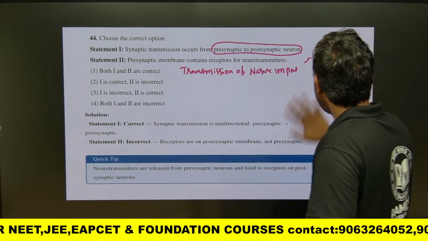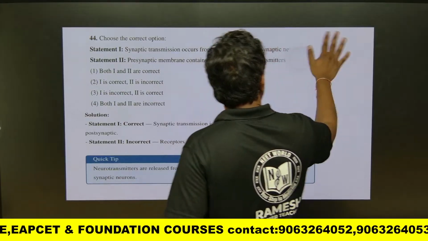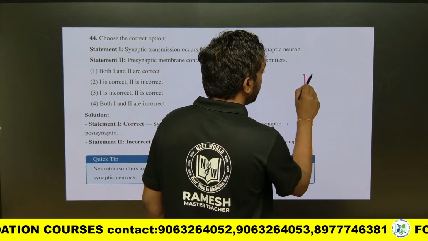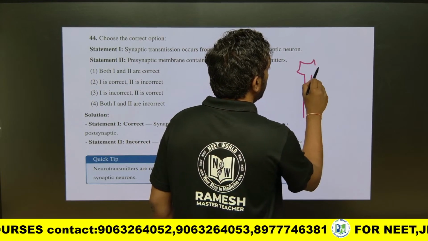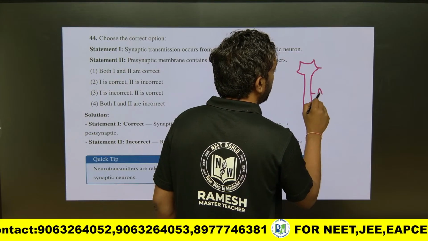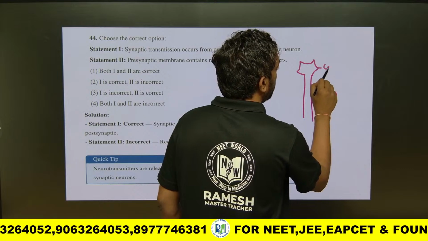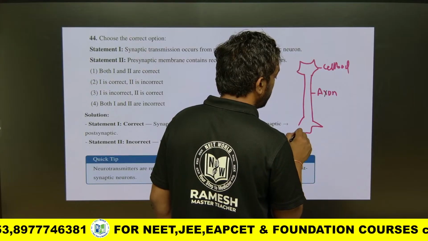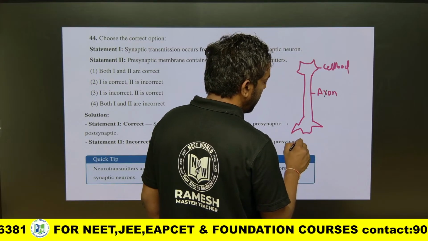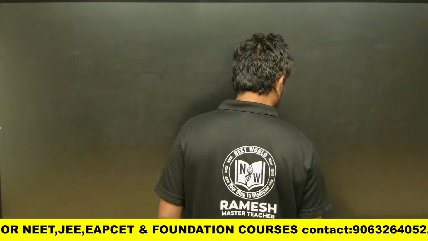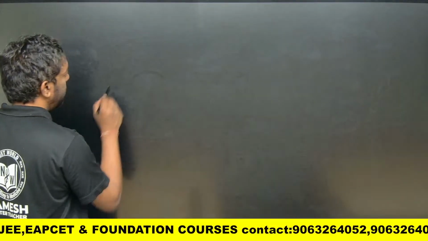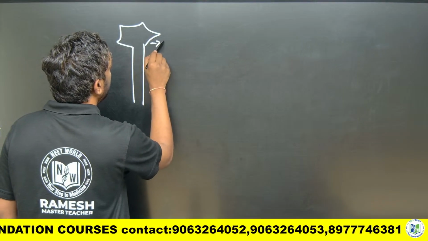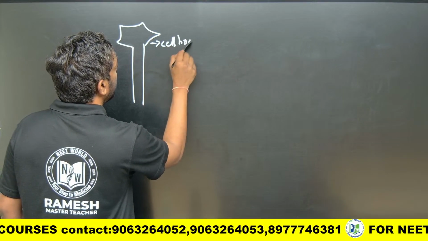So, what is this gap? Just look here. This is the axon, the cell body. Where the axon ends, and again another starts. I will take another slide, guys. This is the axon, the cell body of a neuron.